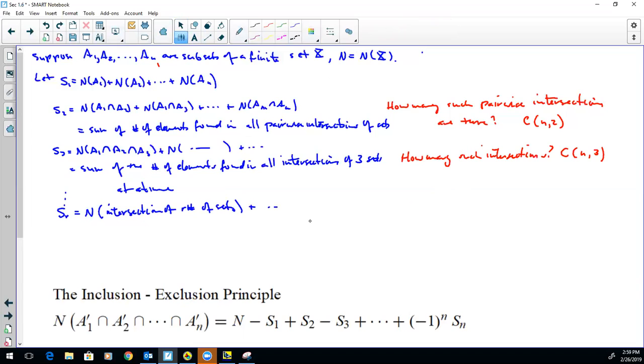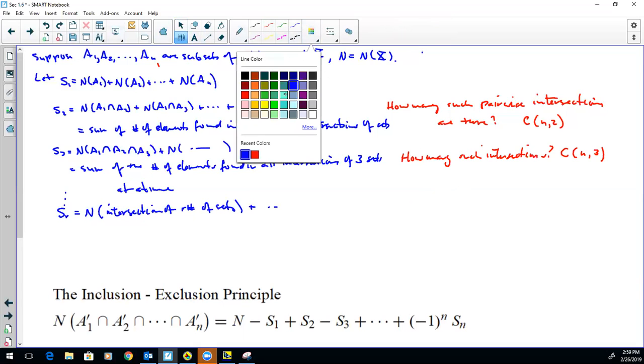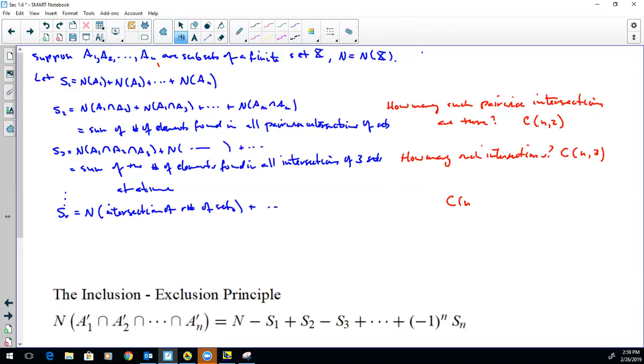So it'd be A1 intersected with A2 up to A sub R, and then all possible combinations of those sorts of things. And again, how many of them are there? There's N sets, and we're picking R of them to be intersected. So this is the number of different terms we're adding here.